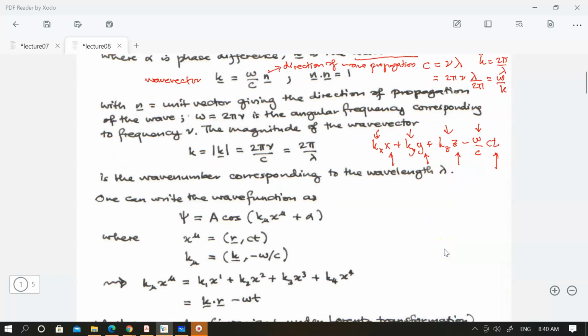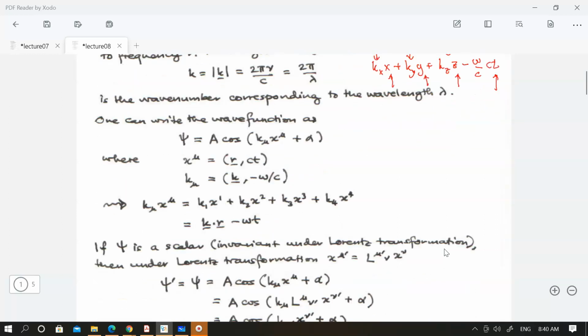We rewrite the ones above by a 4-dimensional dot product, in some sense the inner product, k mu x mu. And remember that we always maintain your position is actually given by a contravariant vector. So when it contracts over here, your k mu has to be a covariant vector. Okay, so x mu is r, ct, and k mu will have the wave vector, and then your fourth component is given by minus omega over c. Okay, so the whole thing now is written as that.